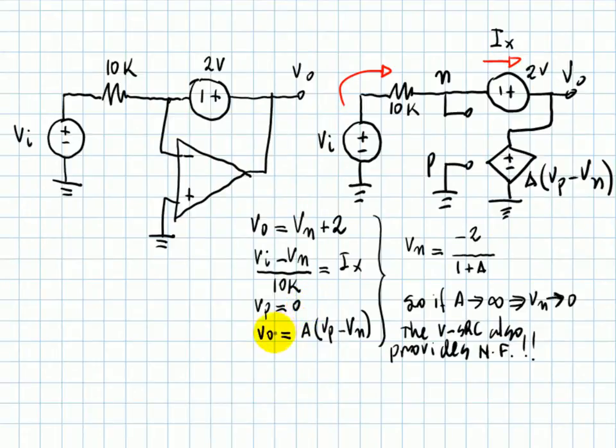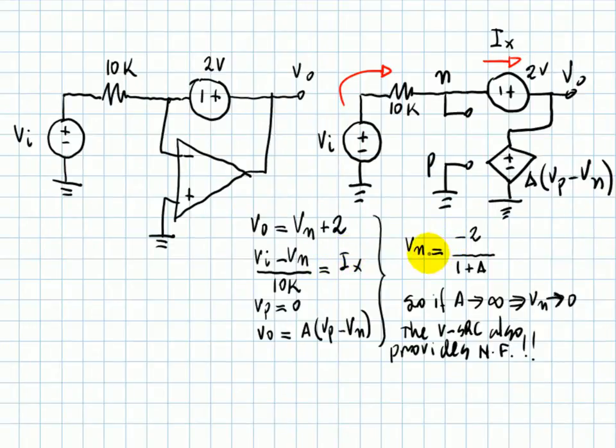And last, this one, an equation for this branch. It says this voltage V naught is the reference voltage plus this source. That is, this one.